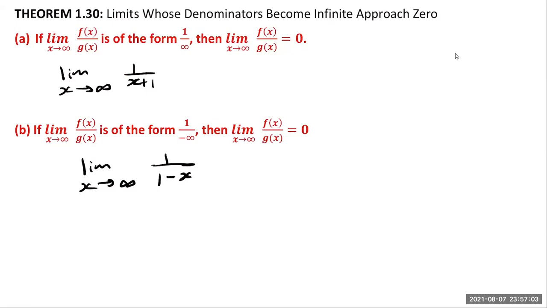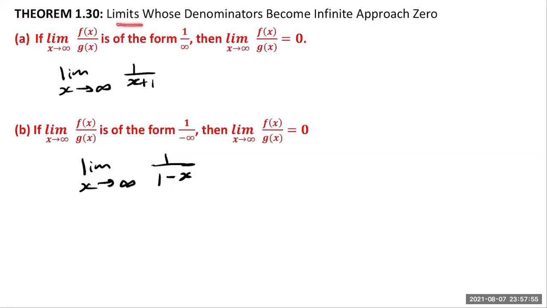And next, we have this theorem 1.30, limits whose denominators become infinite. Limits whose denominators become infinite approach 0. What does this mean? Here is the first part of the theorem.